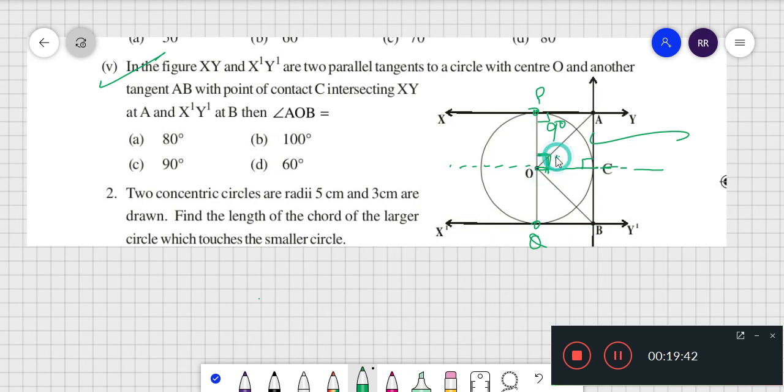So here is 45 and here is 45, because this diagonal of the square bisects this 90 degree angle. Similarly this is also a square, here also 45 and here also 45.